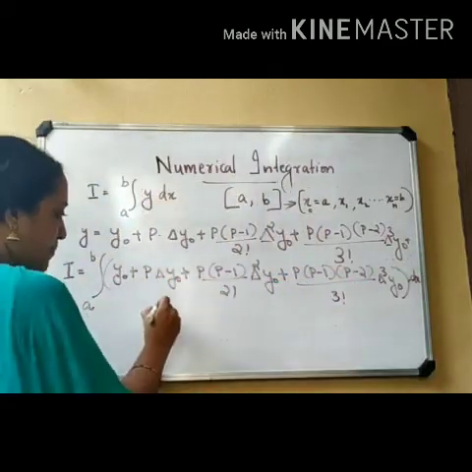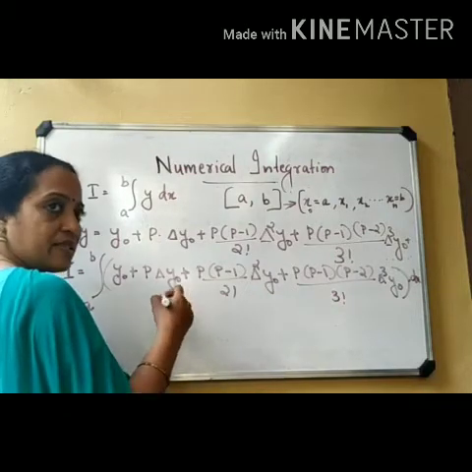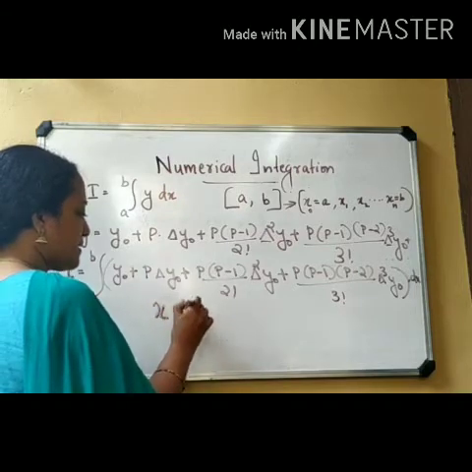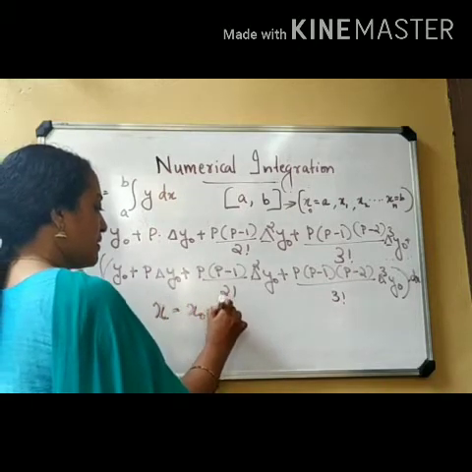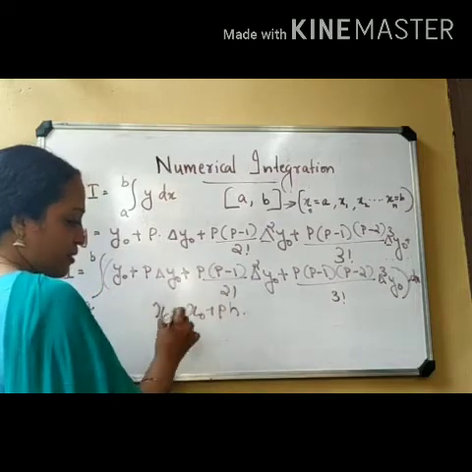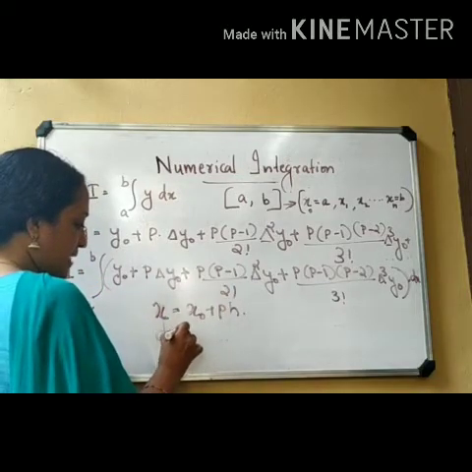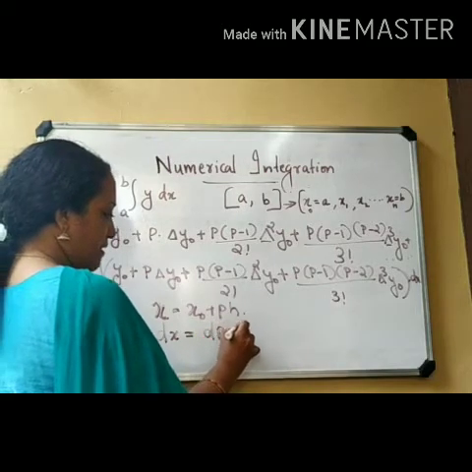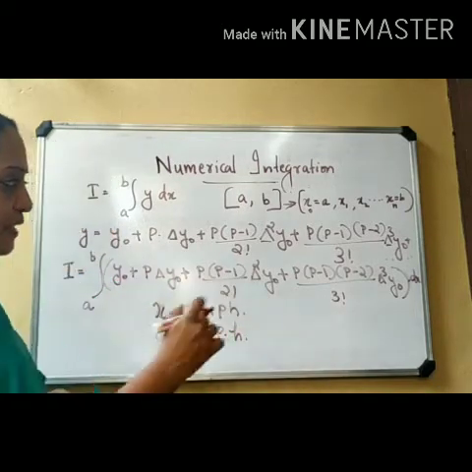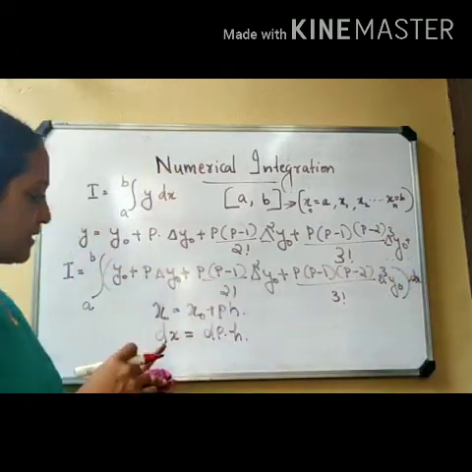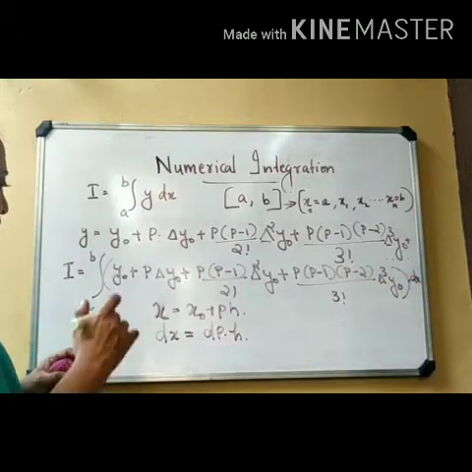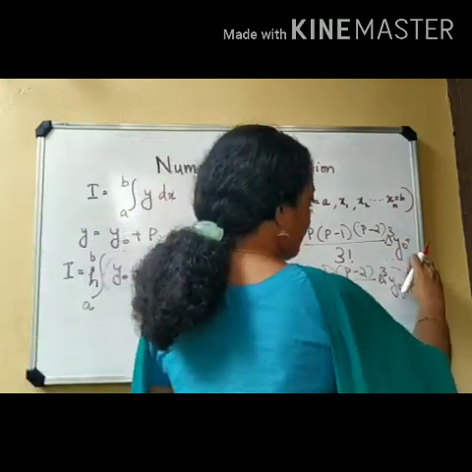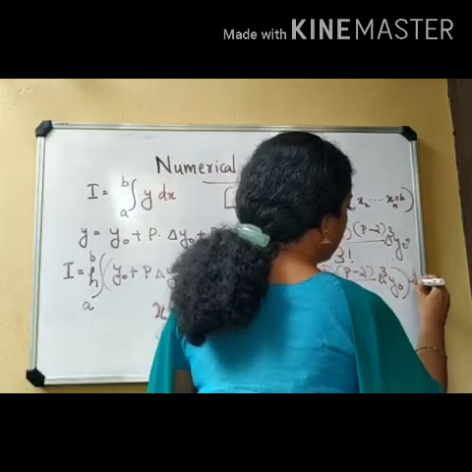We know that p is equal to x minus x0 by h, or x is equal to x0 plus p times h. So from this we may write dx as equal to dp into h. So instead of dx, we may write it as h into dp, or h may be taken outside, and instead of dx I can write dp.